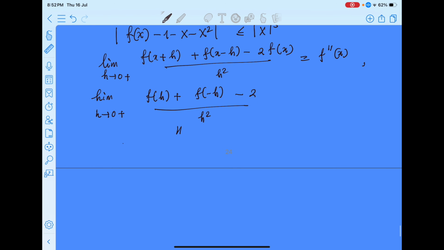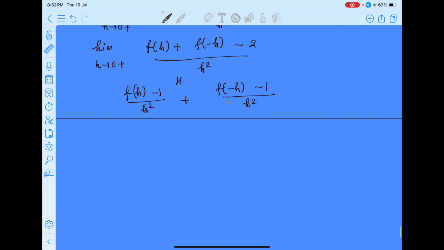So we can write it as (f of h minus 1) divided by h squared plus (f of minus h minus 1) divided by h squared. Now |f of h minus 1 minus h squared| is less than or equal to h cube. We are taking h to be positive.